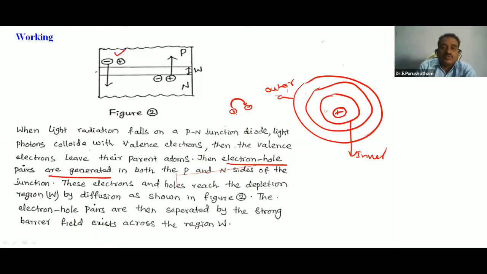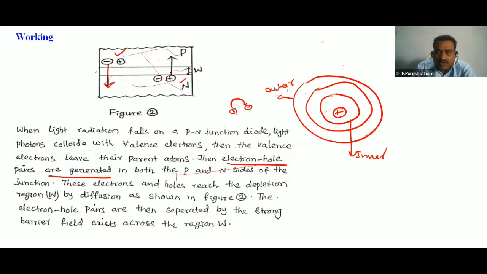You can observe the p-type and n-type semiconductor junction. This is the junction. As shown in figure 2, the minority charge carriers diffuse: before recombining, the electrons diffuse from p-type to n-type.